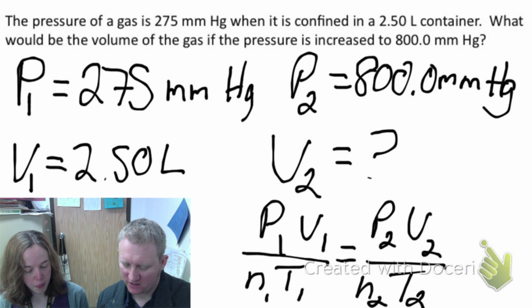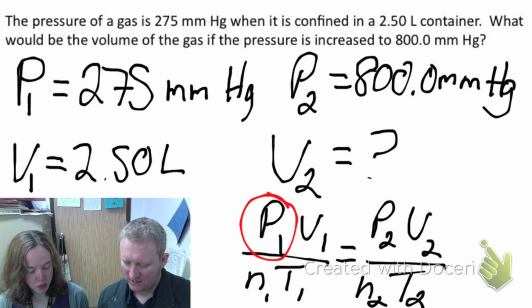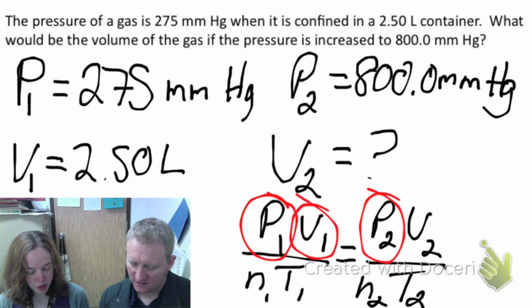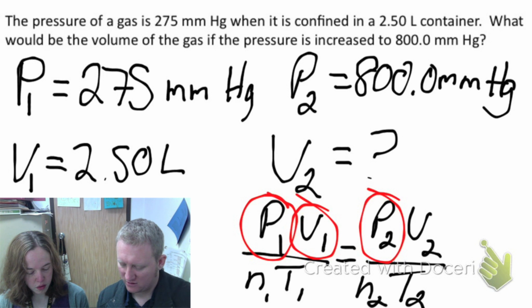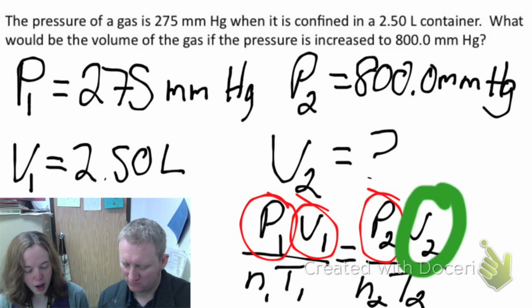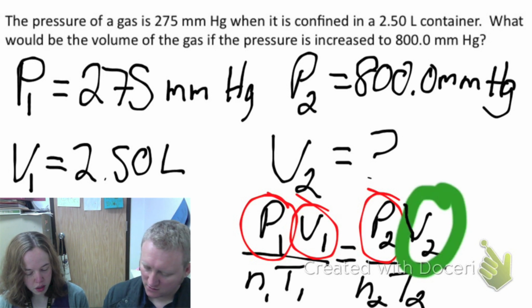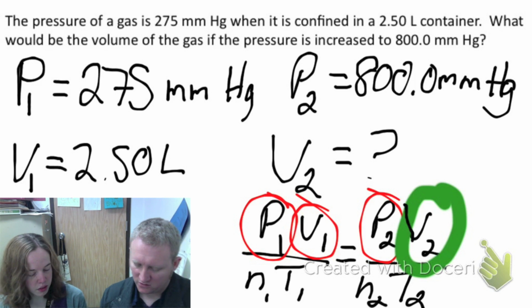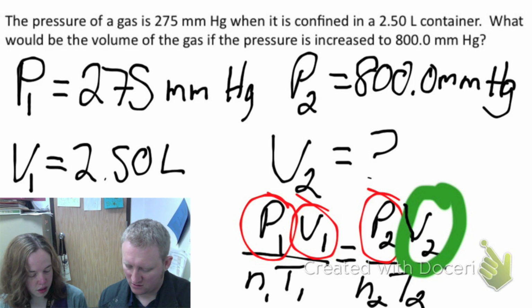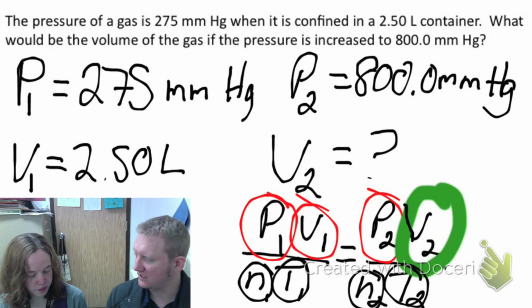We know P1 and V1 and P2. And what are we looking for? We want V2. So what never, ever, ever shows up? We did not include N1 or N2, nor did we include the T's, T1 or T2.